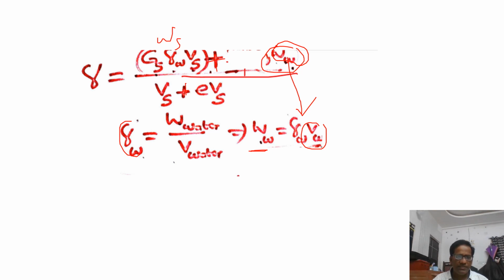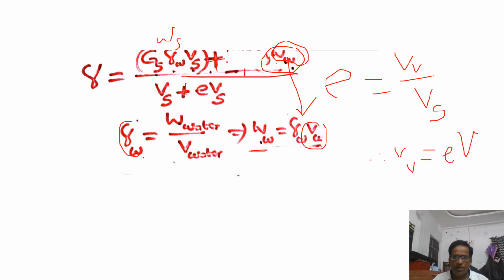As we discussed already, e is equal to Vv by Vs: void ratio is equal to volume of voids by volume of solids. Therefore Vv is equal to e into Vs. So we can substitute e Vs in place of Vv. Now what is common? Vs is common. So now we are getting the denominator as 1 plus e times Vs.